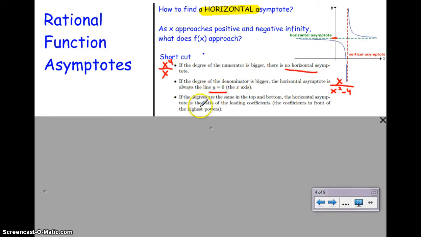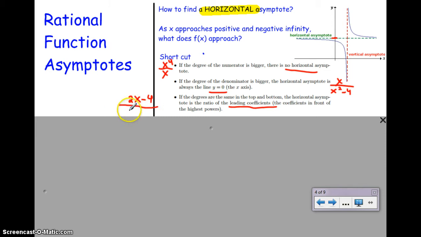And then if the degrees are the same in the numerator and denominator, then you just take the leading coefficients and you make them a fraction, and that happens to be what your horizontal asymptote is. So for example, let's say I've got 2x minus 4. And my degrees have to be the same, so I also need something with an x in the denominator.